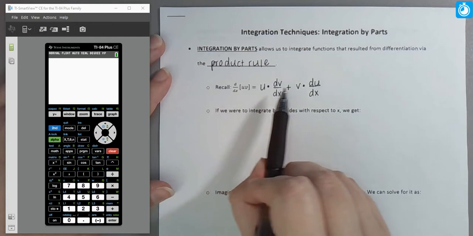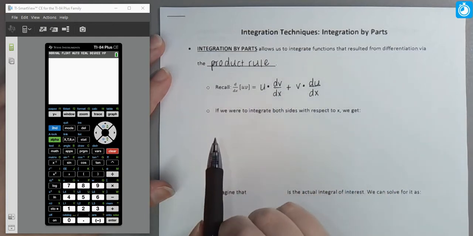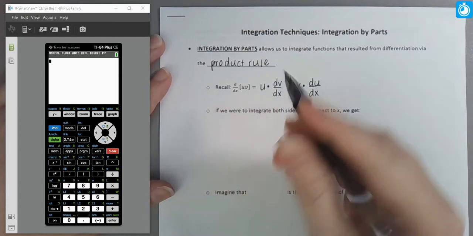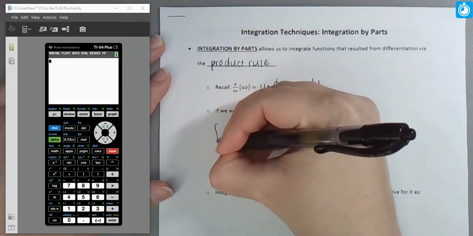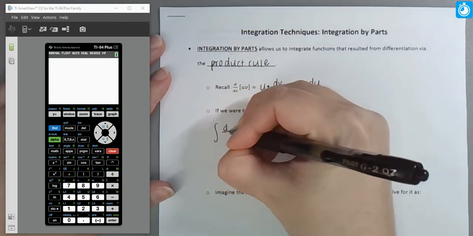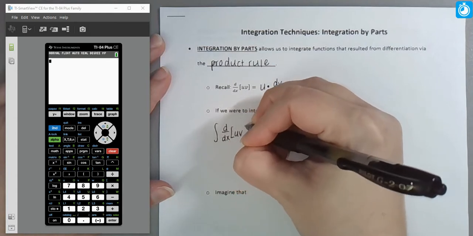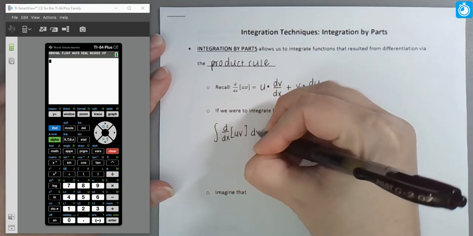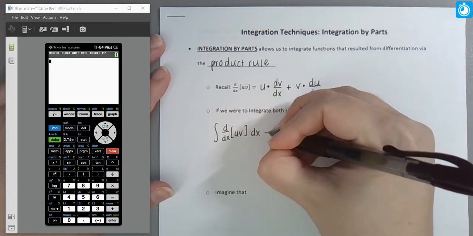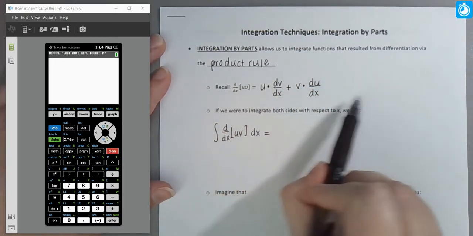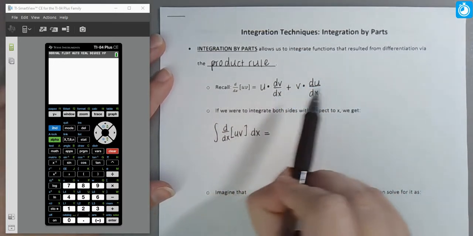So suppose we were to integrate both sides of this equation with respect to x. So we integrate d dx of uv with respect to x, and that would mean, of course, anti-differentiating the other side as well.